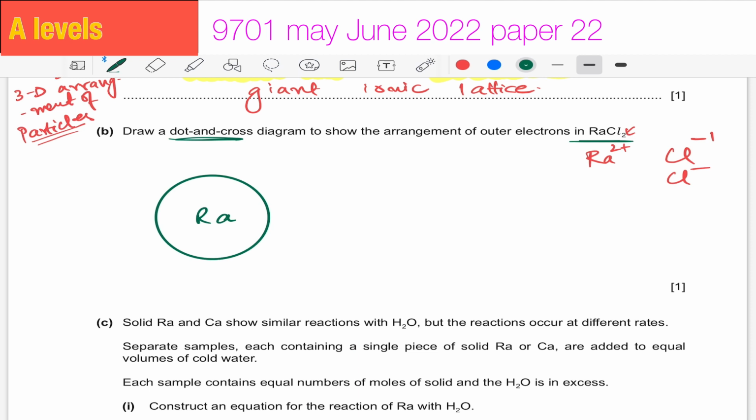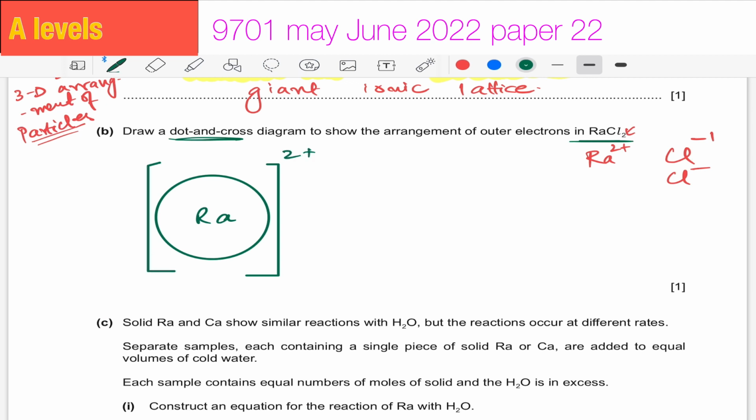Radium belongs to group 2, so it has 2 electrons in its valence shell. Once it loses 2 electrons, the valence shell is empty, and this would be the ionic structure of the radium ion, with a +2 charge.